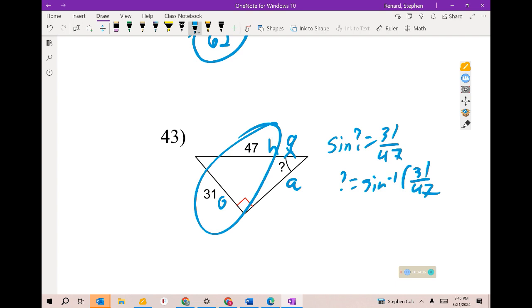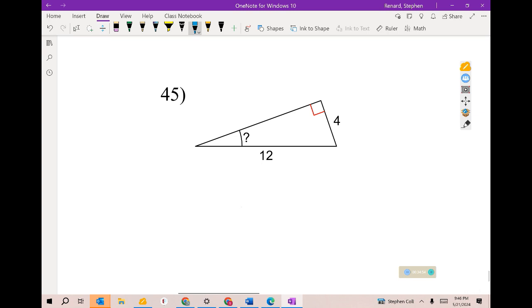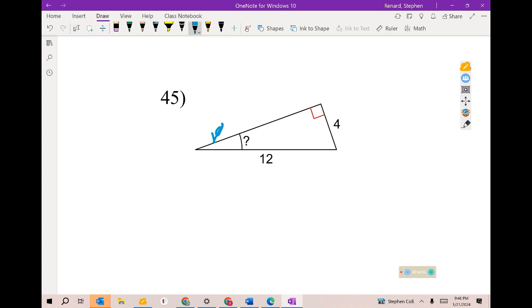I'm not sure what I just did. Okay, so that gives us 41.26 degrees, or just 41 degrees. Again, here we are.